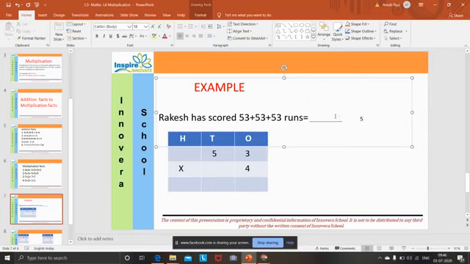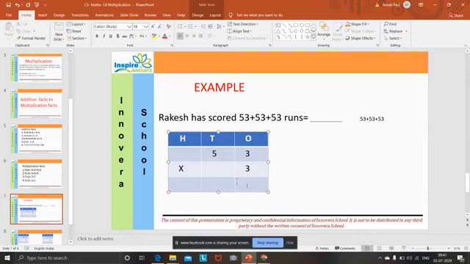We are going to add 53 plus 53 plus 53. Okay, so 3 times 53 is there, right? So we will do the multiplication and see whether we get the same answer or not. Okay, 3 times 53, so 5 3s are, 3 3s are.